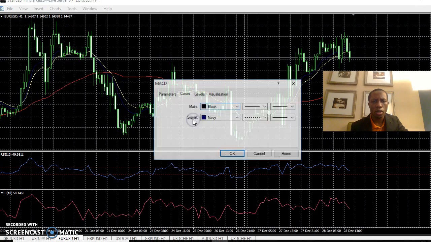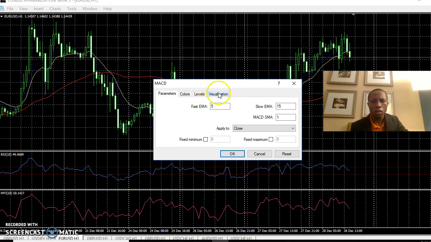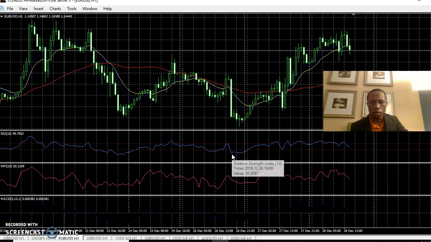Can you see? Click on it. Now we have the colors, parameters, levels. Okay, visualization. Now your concern should be 551. Which is okay. Click on OK. There are two of them like that. So again, 551.